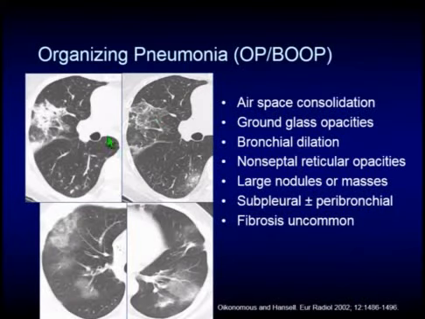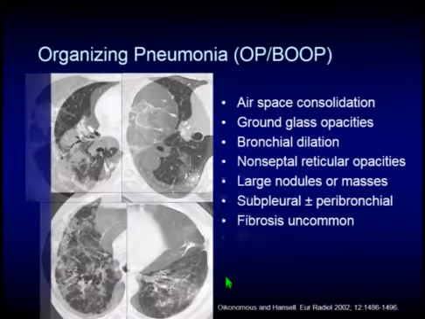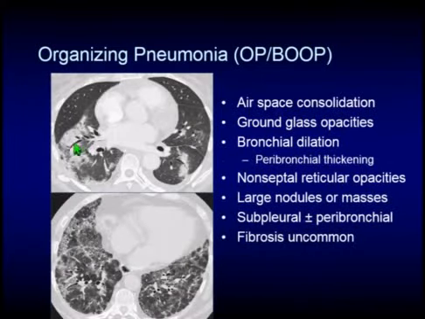So here we see some of the common things. Here we see a consolidation, airspace attenuation. After treatment, there's a little residual ground glass that ultimately probably will resolve. And here we see more extensive ground glass in a different patient. We see the bronchial dilation in the areas of heavy involvement and even a little peribronchial thickening, which is not unusual.